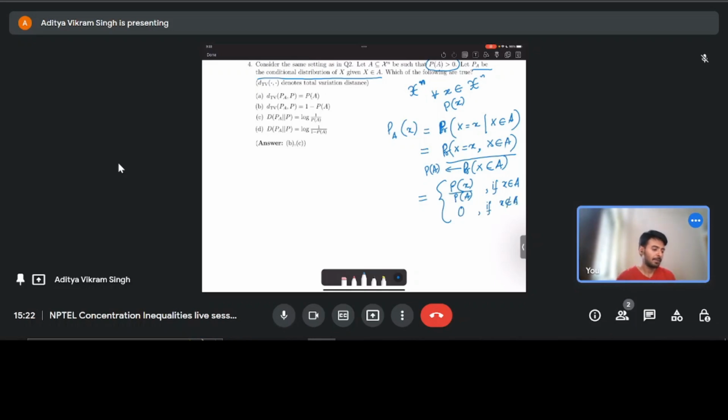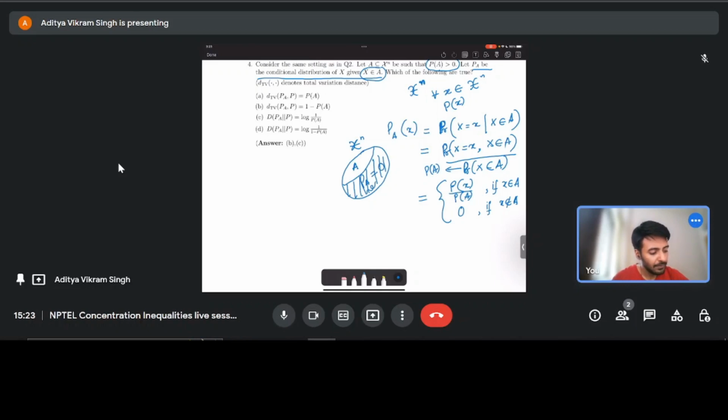So we had this big set script X to the power n, and we had this subset A which had strictly greater than 0 probability, and we conditioned on it. After conditioning on X belongs to A, we get a new distribution PA, which is 0 in A complement.